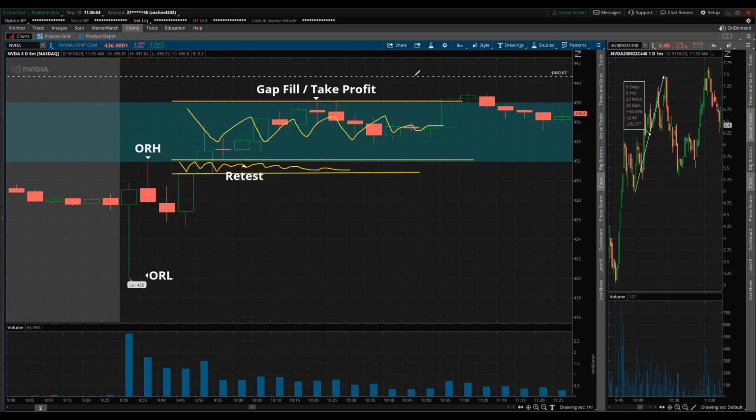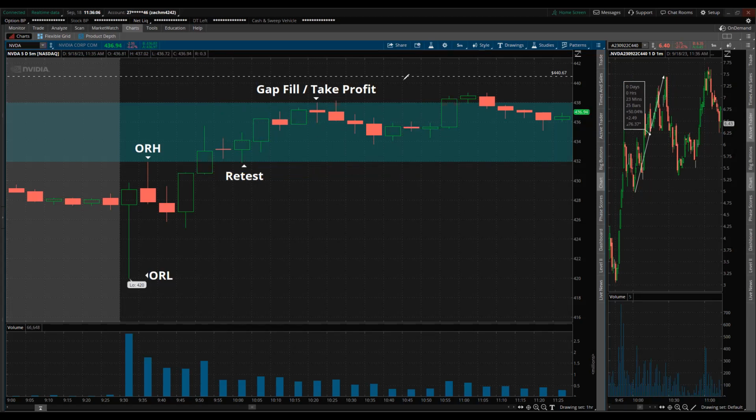So from a risk to reward standpoint, this is also very favorable because you're not risking a 1-to-1, right? For every $1 you make, you're risking $1 to the downside. That's not the case here. You're essentially risking $2 to the downside to potentially make $6 to the upside.